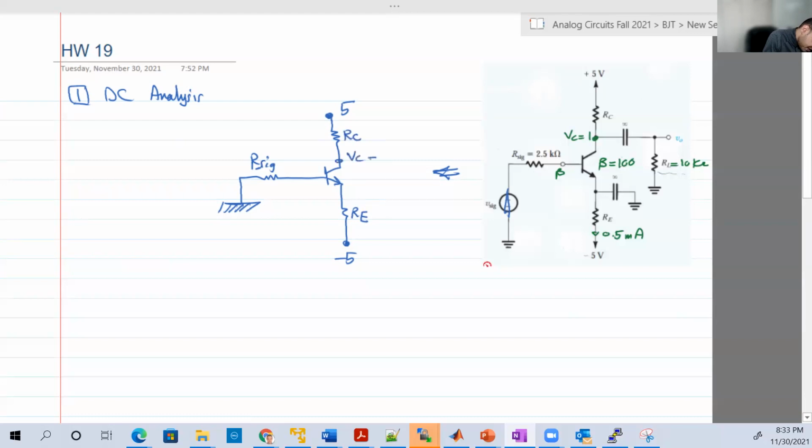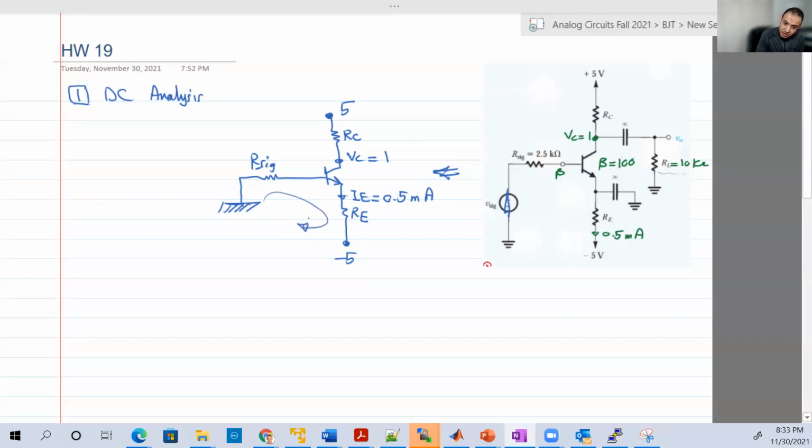But we know VC is equal to 1 volt. We know IE, it is 0.5 milliampere. So let's start with RE. RE is in this loop here.